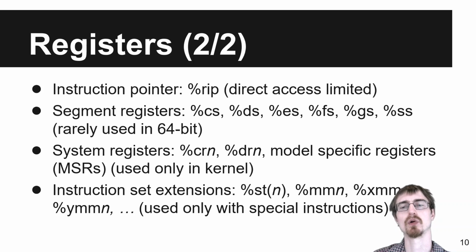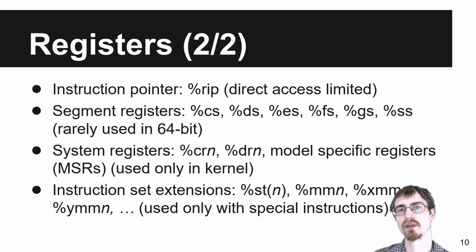And then there's a whole bunch of registers. This is probably more than all the others put together, well, except for the MSRs maybe, but these are instruction set extensions. So whenever the CPU is extended with more instruction sets to increase performance, it's fairly typical to also add registers that are specific to this instruction set extension.